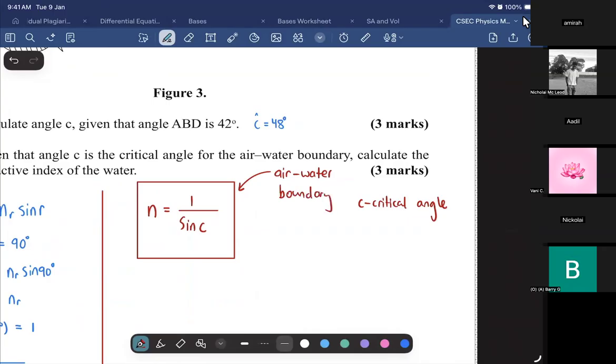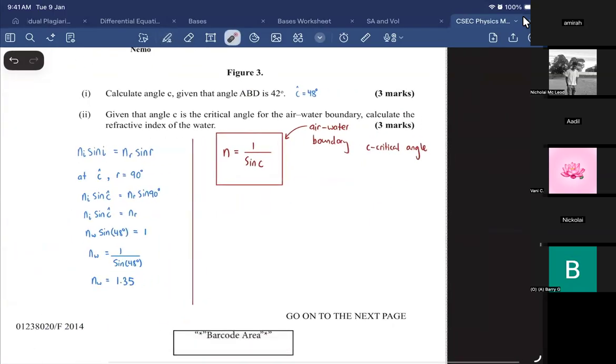The reason I'm saying that, Nikolai, is if it wasn't air to water, the formula would change. You understand that for air, the refractive index of air is 1, right?